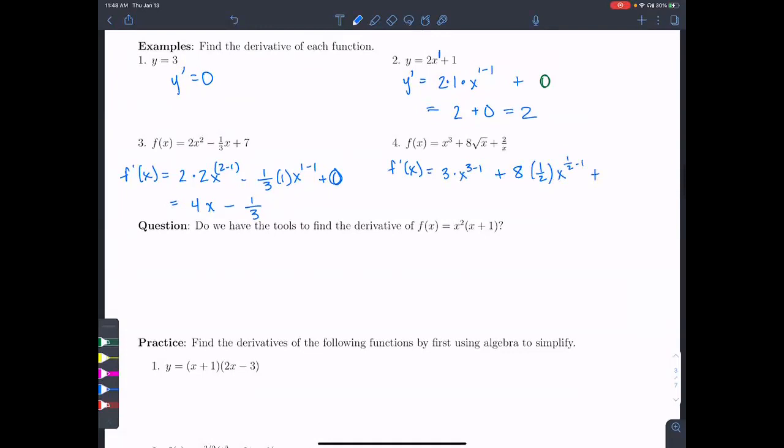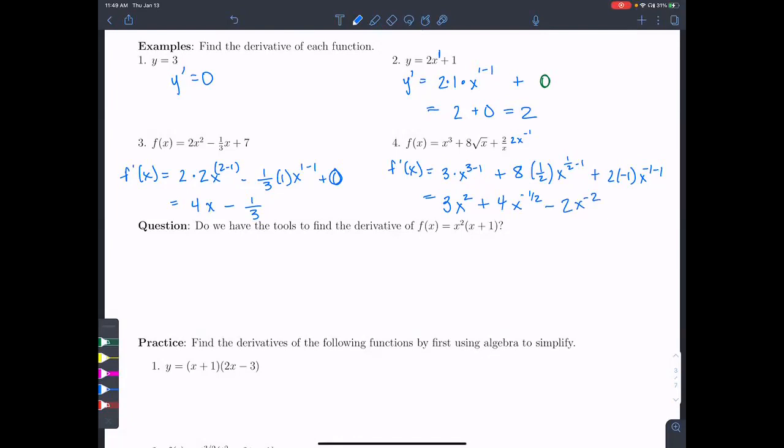This is the same thing as 2x to the negative 1. So exponent down front, decrease it by 1. So we have 3 times x squared plus 8 halves is 4, x to the negative 1/2, and then minus 2x to the negative 2.